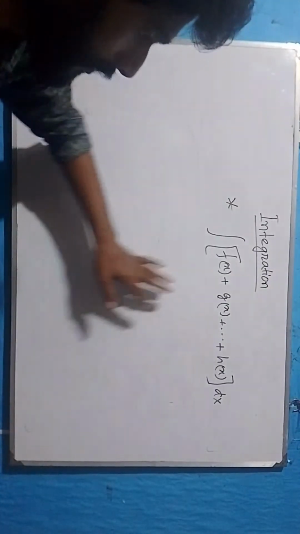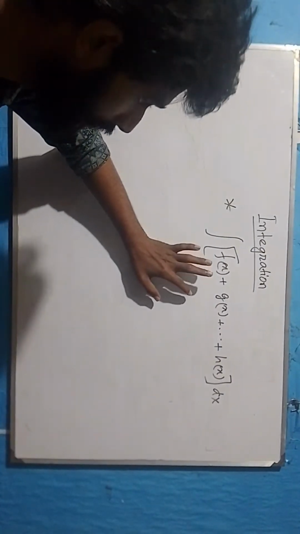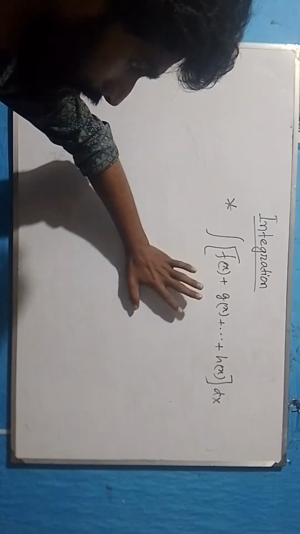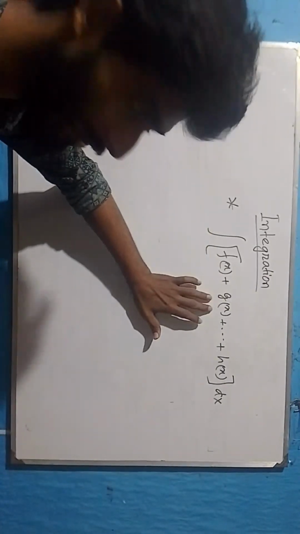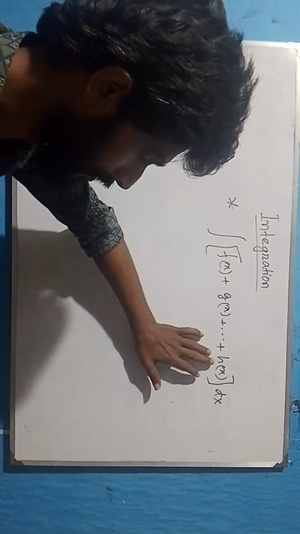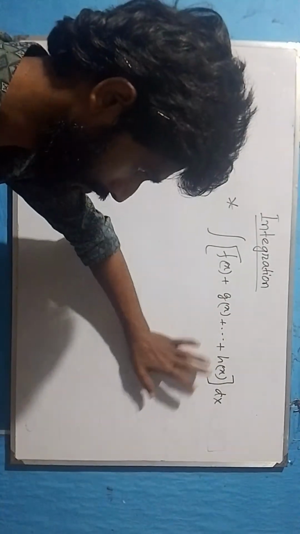So here all you can do is that this is equal to the integration of f of x plus integration of g of x, and then up to integration of h of x with respect to dx.